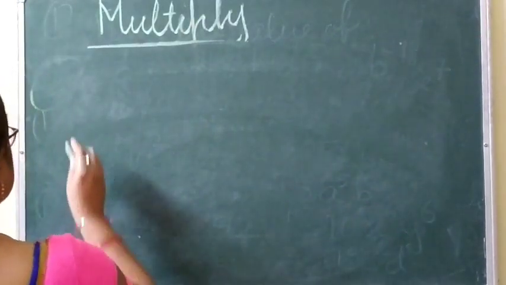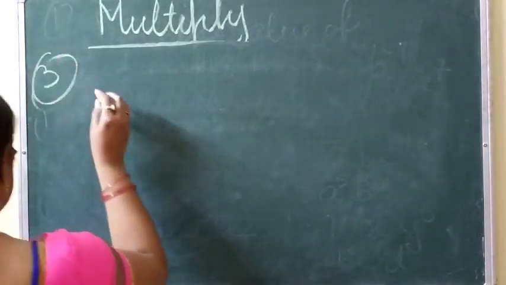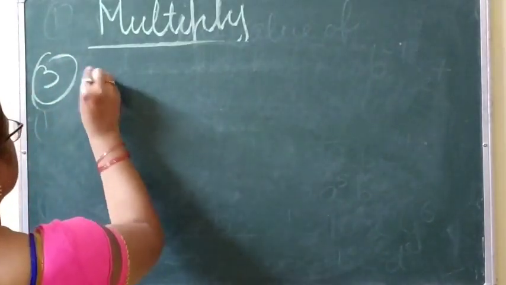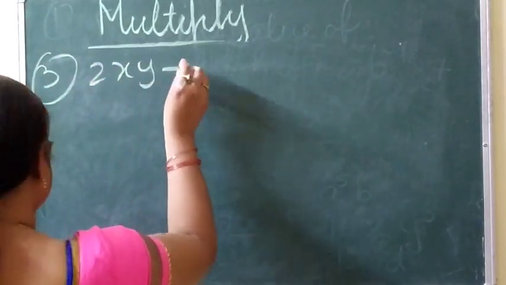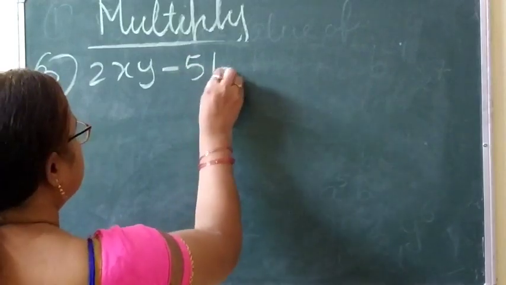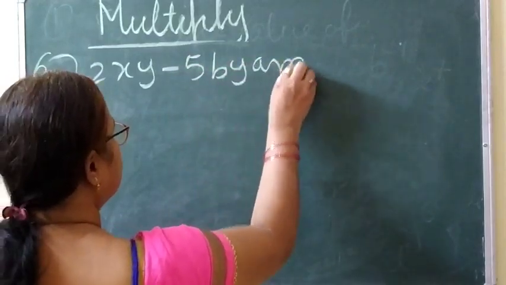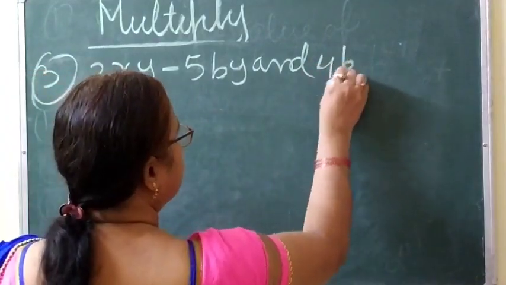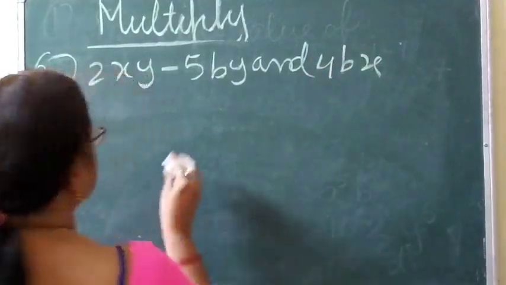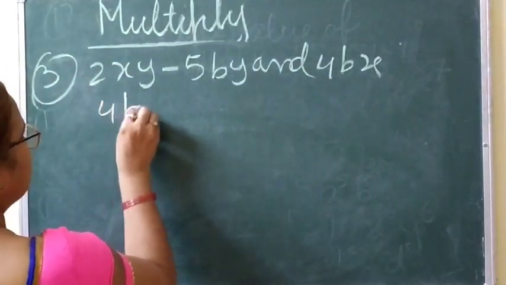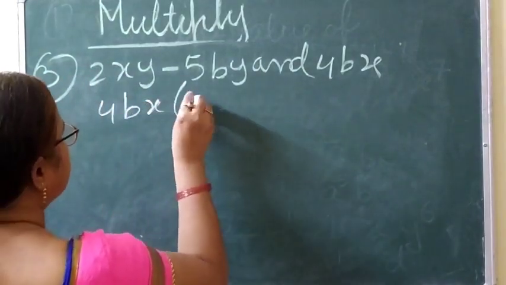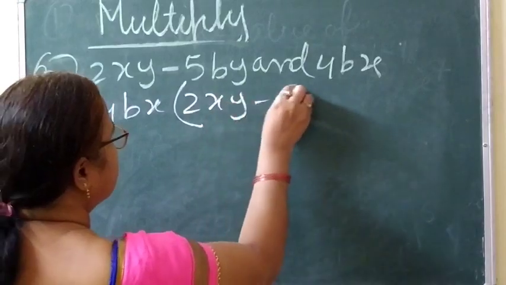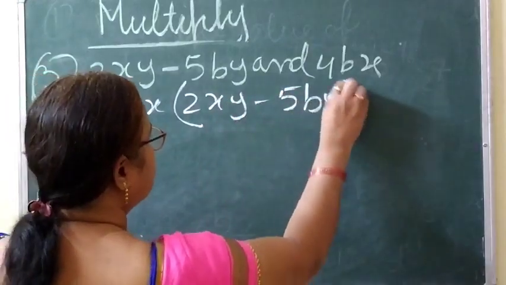Now next. The next question is question number 3: 2xy minus 5by and 4bx. So let's do this one. Write first here 4bx, then inside the bracket 2xy minus 5by.